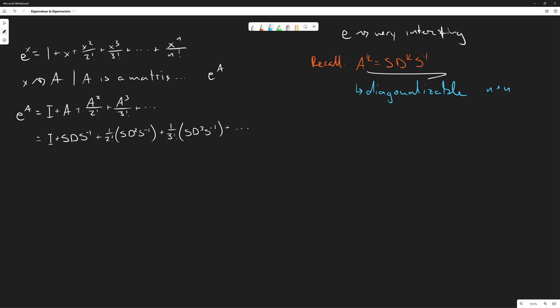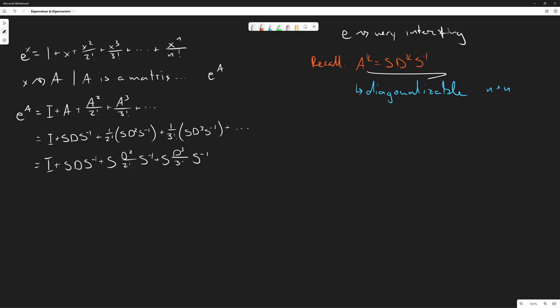Now what we're going to do is alter this equation just a tad bit. It'll be S times D times S inverse plus S times D squared over 2 factorial times S inverse plus S times D cubed over 3 factorial times S inverse.